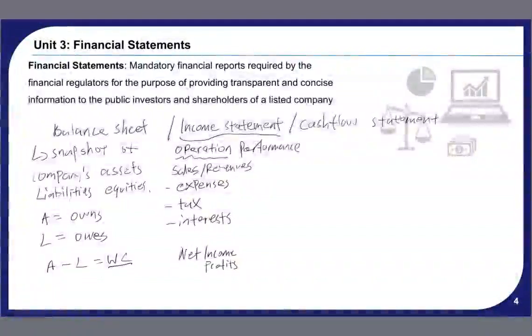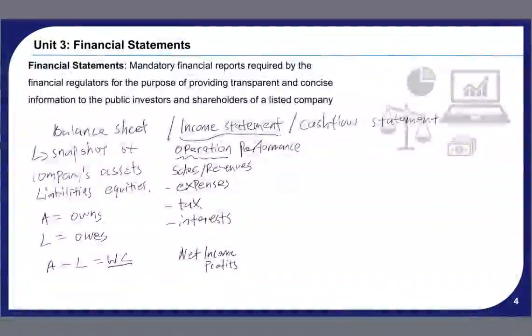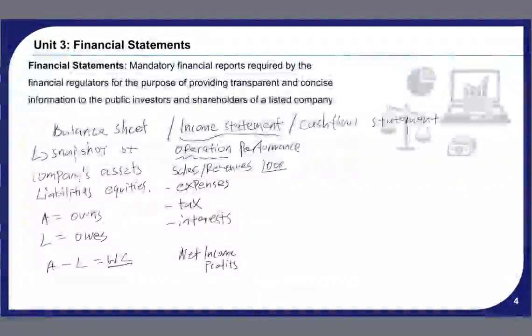So what can we gain from looking at a company's income statement? Let's say the company's sales figure is 1,000, and it doesn't look so bad. The company made 1,000 for that year. Let's say their net income, or net profit, is 5.